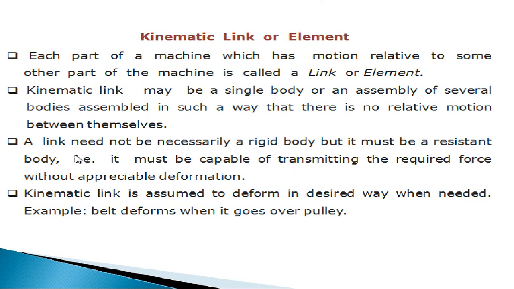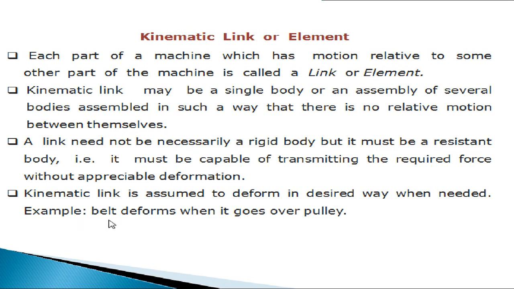In passing, we note that a link must be a resistant body, that is, it must be capable of transmitting the required force without appreciable deformation. We may also note that we assume the kinematic link to deform only in the desired way as and when needed. An example of this is a belt drive.